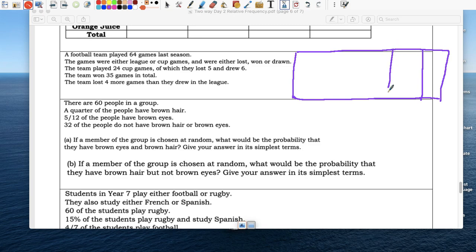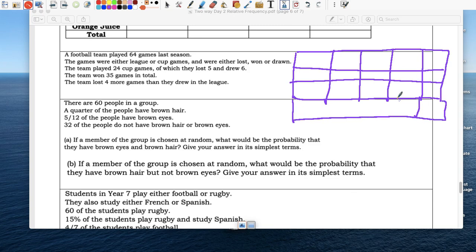So, league. So this is total. This is total. And then we're going to call this win, lose, or draw. And this is league games. And these are cup games. Two different tournaments. All right.